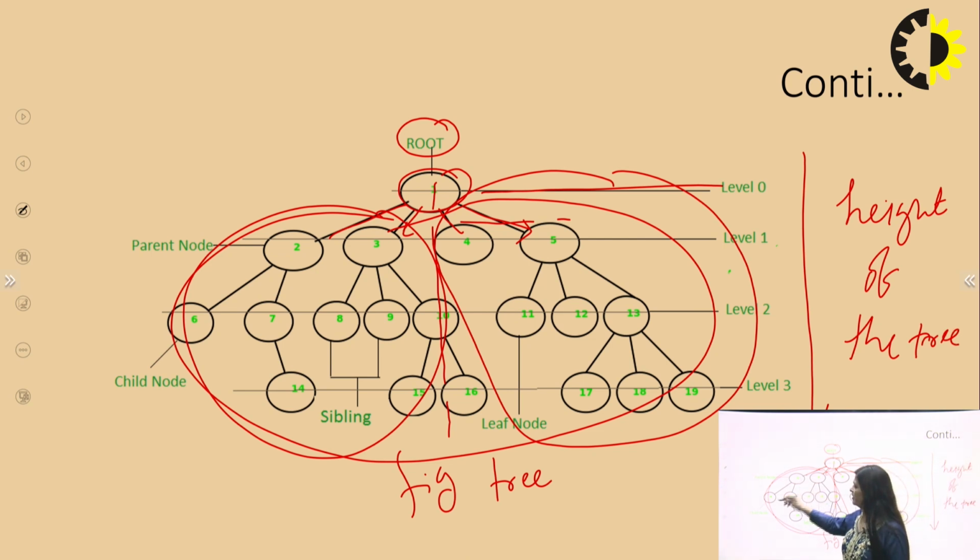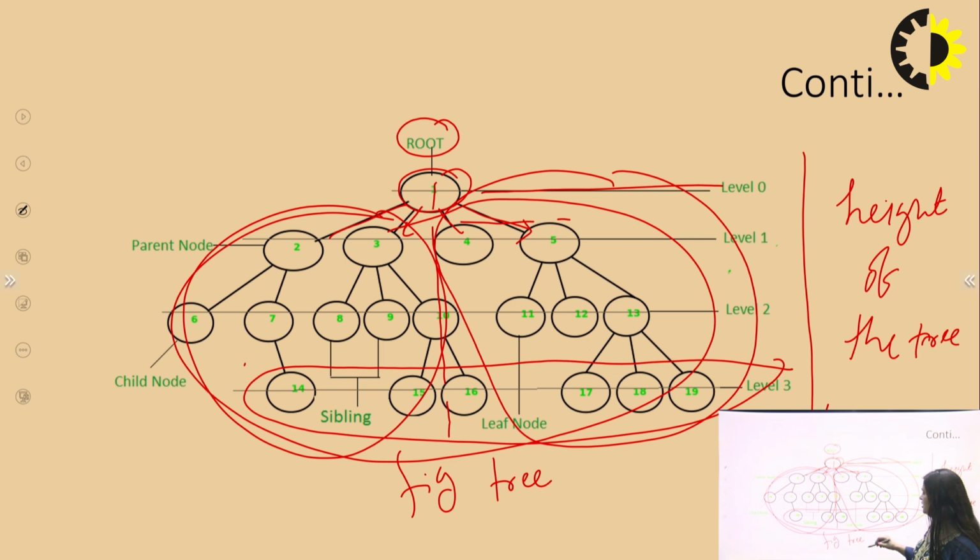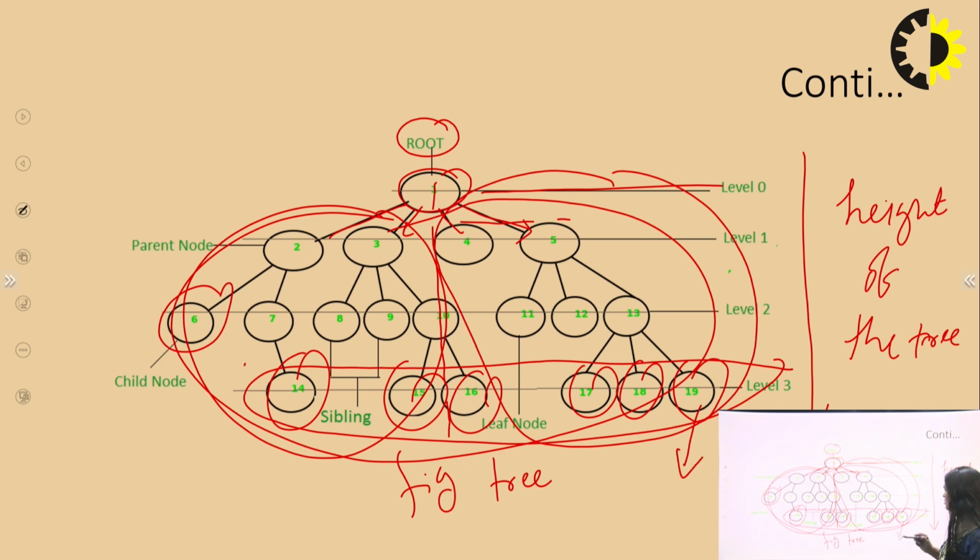Then this node is the parent of these nodes 6, 7, 8, 9, 10, and node 5 is the parent of nodes 11, 12 and 13. At level 3, all the nodes we call the leaf nodes. 6, 14, 15, 16, 17, 18, 19, these all are called the leaf nodes of their previous nodes.